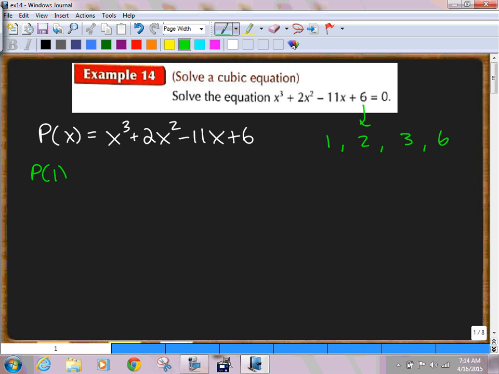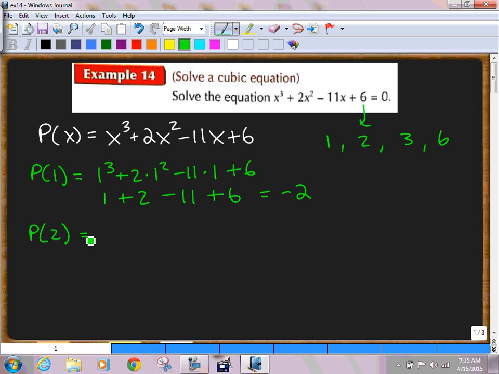If we tried 1, we would get 1 cubed plus 2 times 1 squared minus 11 times 1 plus 6. This is 1 plus 2 minus 11 plus 6, which would end up being negative 2. So that one's not going to work.